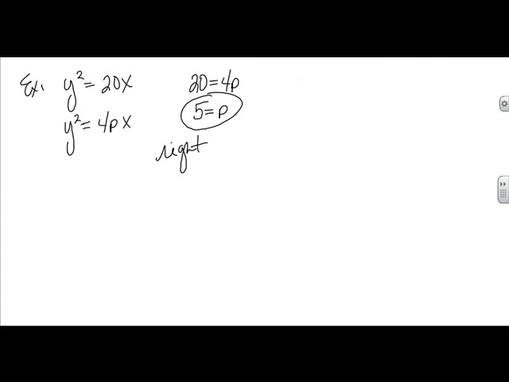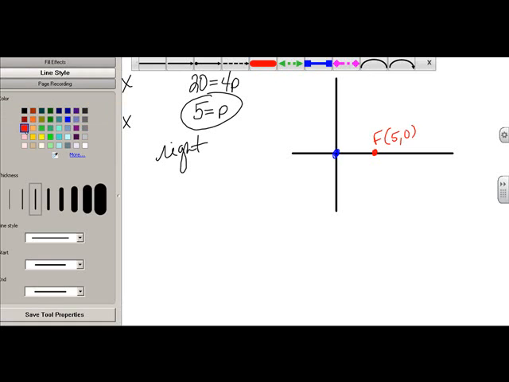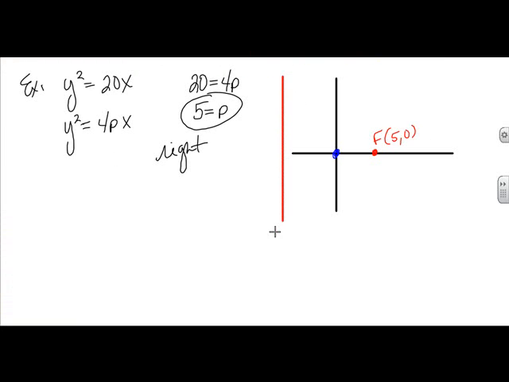So if I'm going to sketch this, what I know at this point is the vertex of our parabola would be at the origin. If the parabola opens to the right, then the focus is out here, and the coordinates for that point would be 5, 0. The directrix would be a vertical line back here somewhere, and the equation for that line would be x equals negative 5.